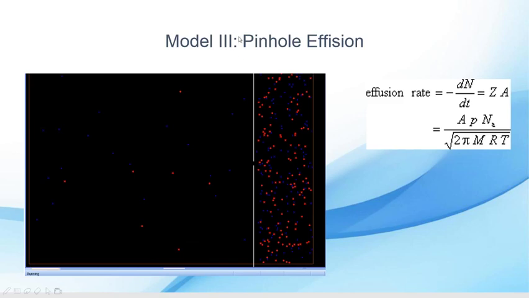If there is wind, potentially air flow, it will also accelerate the gas movement because, as we know, the pressure will be lower when air flows. Here we calculate the effusion rate based on this equation.